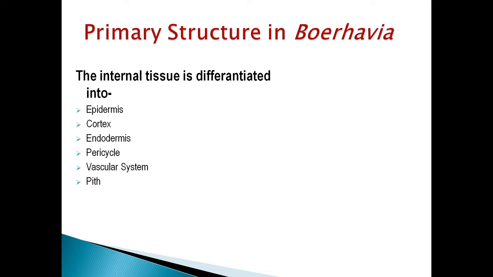The primary structure of Boerhavia diffusa was studied in detail by P. Maheshwari in 1930. The TS of young stem shows that the internal tissue is differentiated into epidermis, cortex, endodermis, pericycle, vascular system and pith.